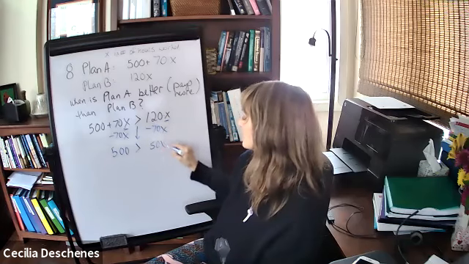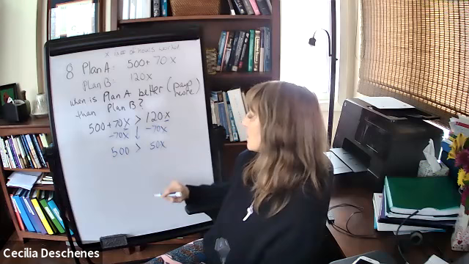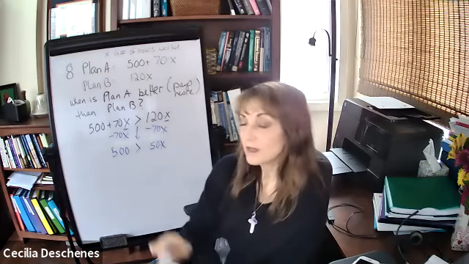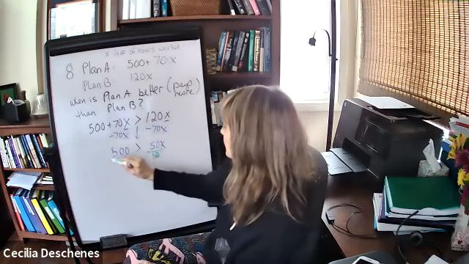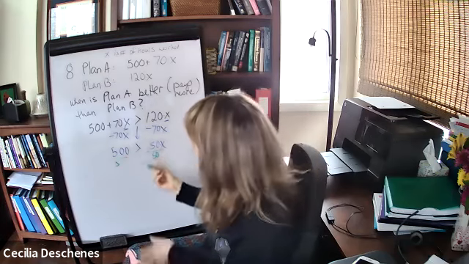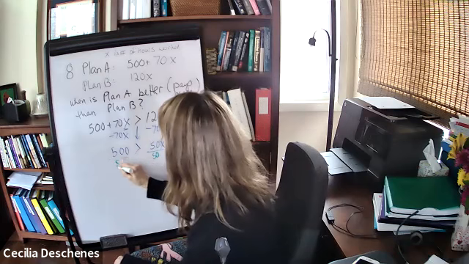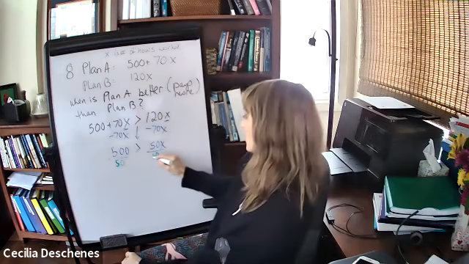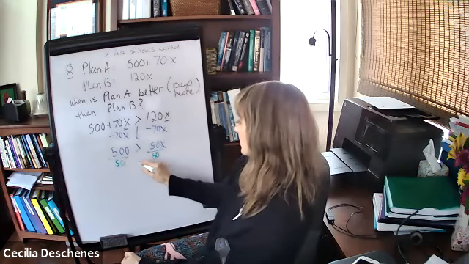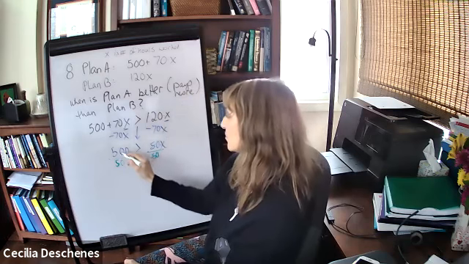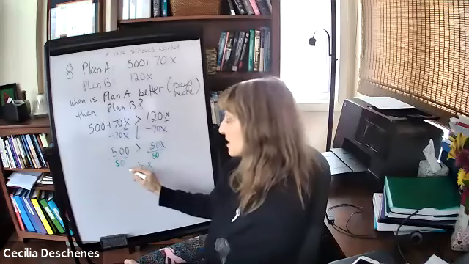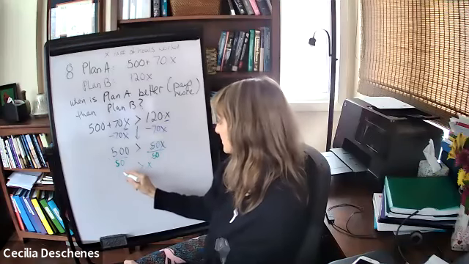So that's 50X. All right. So now I want to get x by itself, so I'm going to divide by 50 on both sides. Okay. And these 50 on the right cancel out to 1. So this is x. And 500 divided by 50 is 10.